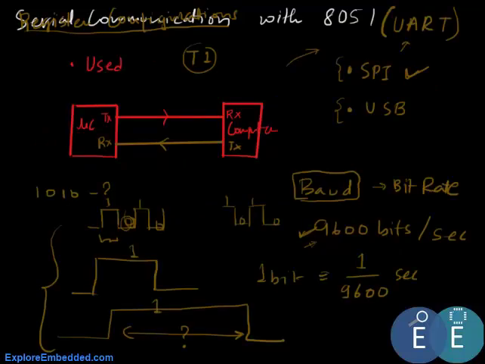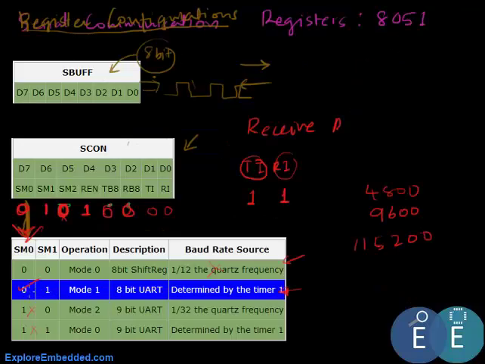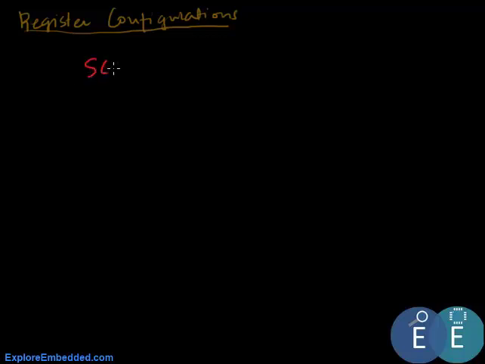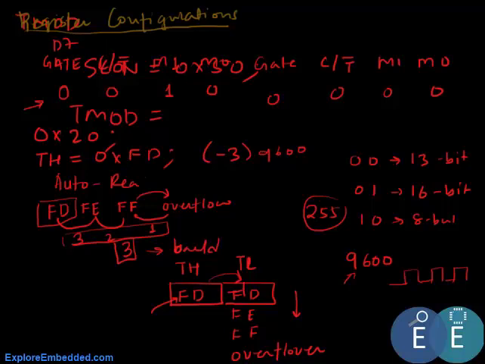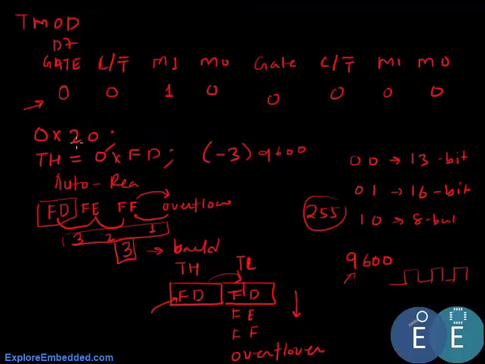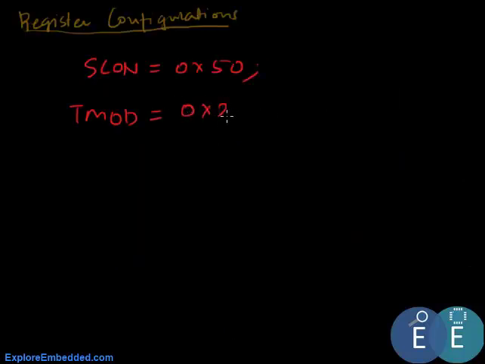From the first slide, if you remember, the SCON should be 0x50. Now TMOD, we discussed just before, so this is 2 and 0, TMOD would be 0x20. So these are the two registers that we need to configure in order to use serial communication.